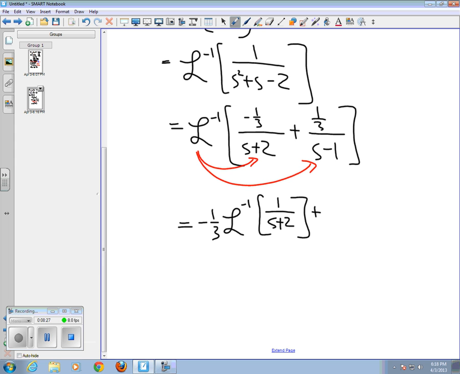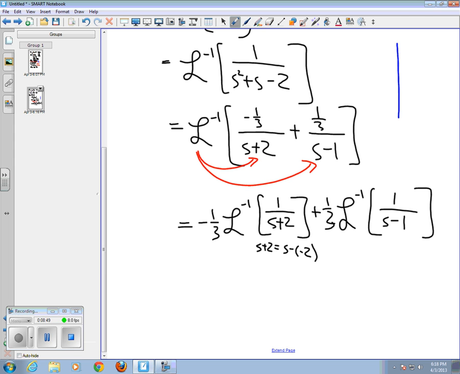And then plus 1/3 times the inverse Laplace transform of 1 over s minus 1. Let's remember that s plus 2 is really equal to s minus -2. I'll use a blue pen, and up above, let me reproduce what we want.